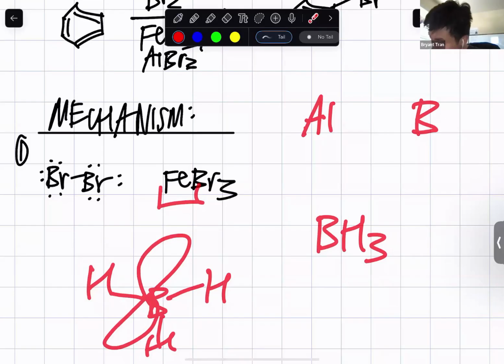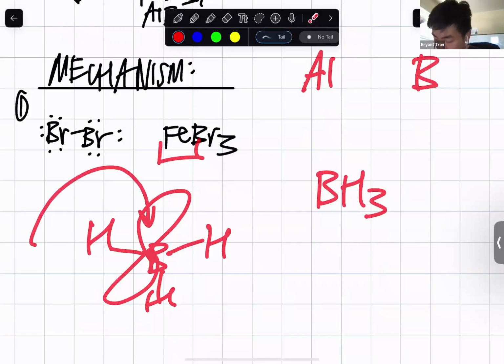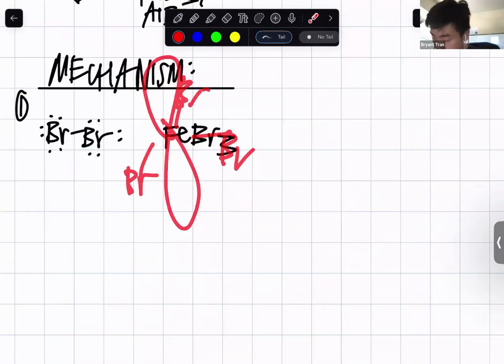So because it's missing an octet, we have an empty p orbital, which would be the electrophile. It's willing to gain electrons. So this iron here has 3 bonds to bromine, meaning that it has an empty p orbital. It's missing 2 electrons.